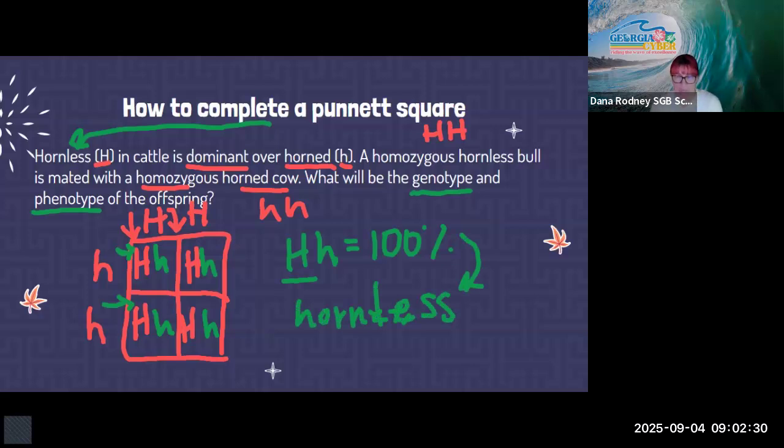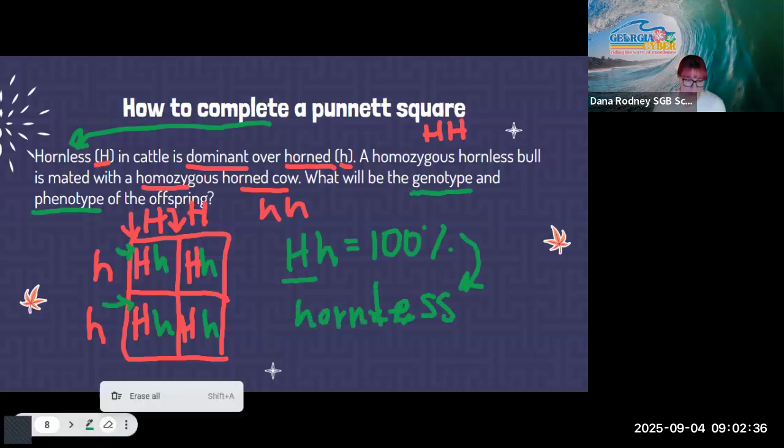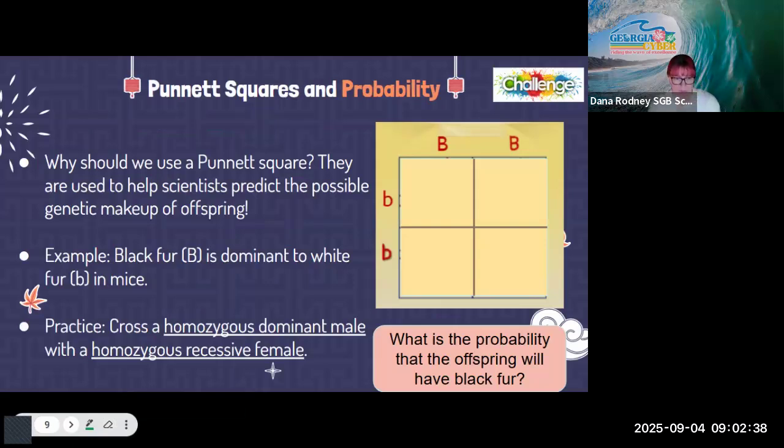Hopefully that makes sense. If not, make sure that you let me know in a live class. And let's look at another problem. So a couple of things. We want to use Punnett squares to help us predict possible outcomes, possible genetic makeups.